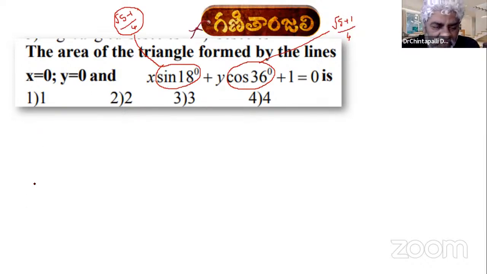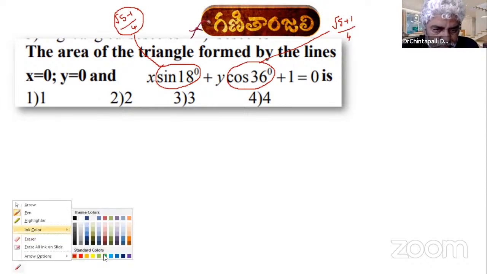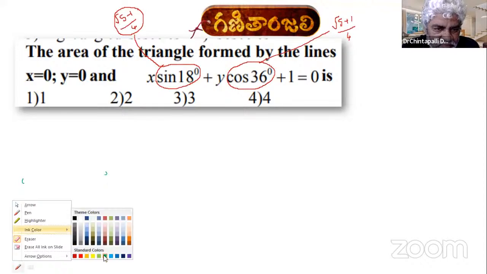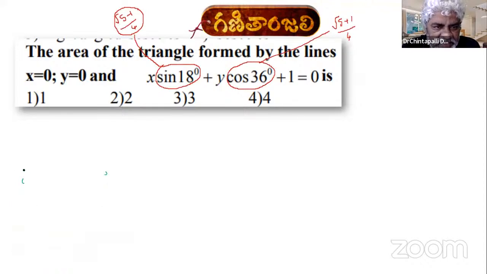Now, let me remind you of one formula. It is the x-axis, it is the y-axis.